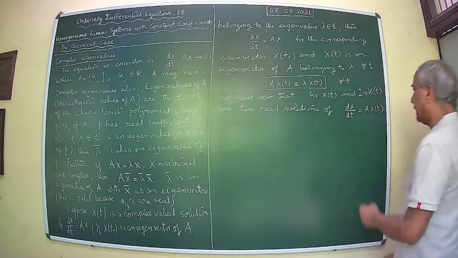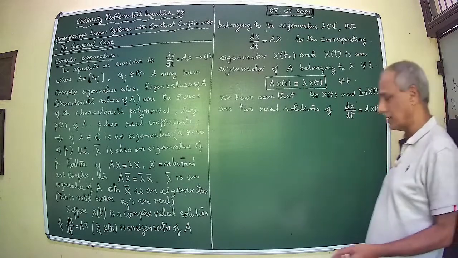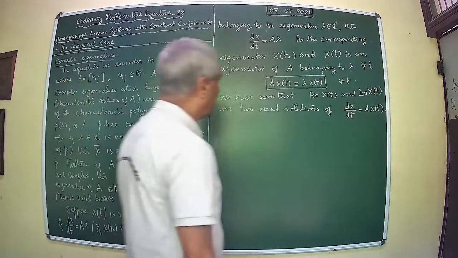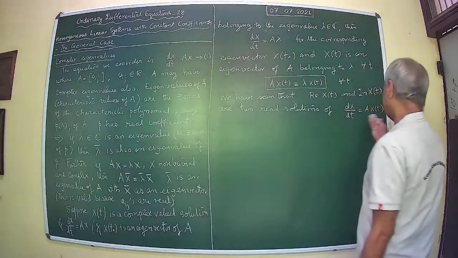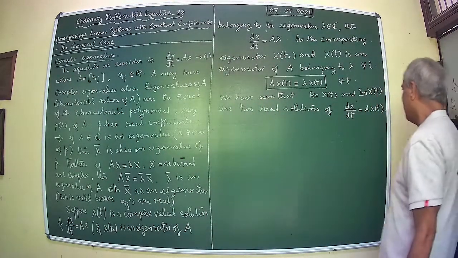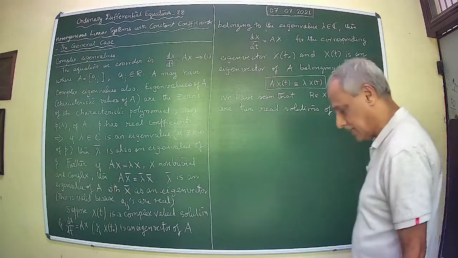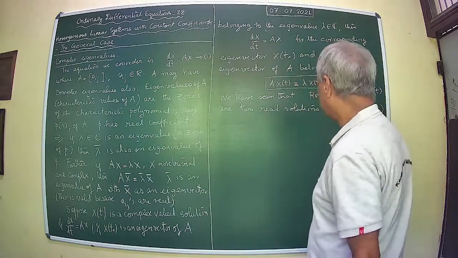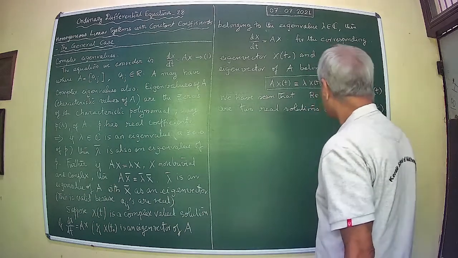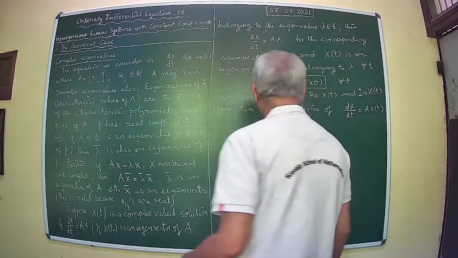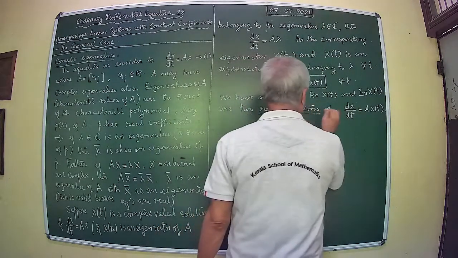We have seen how you work with it. Use the fact that x is a complex solution and satisfies this equation. Then you take the real and imaginary parts and equate them. You get two equations, and both real x(t) and imaginary x(t) are also two real solutions of this one.